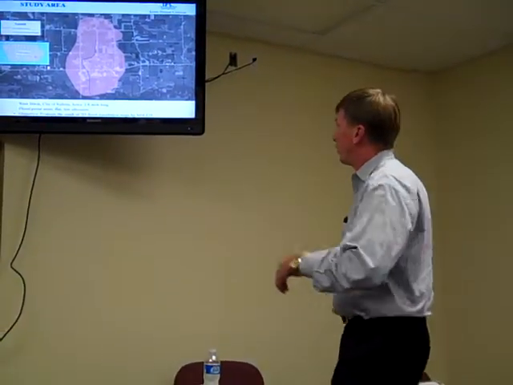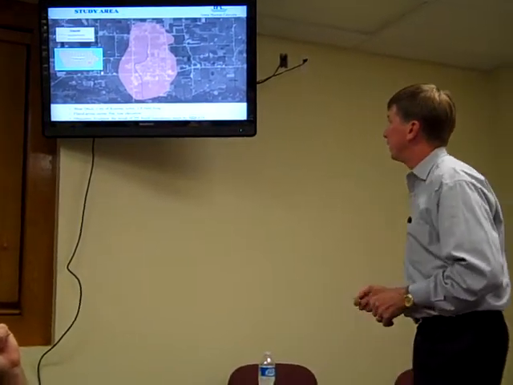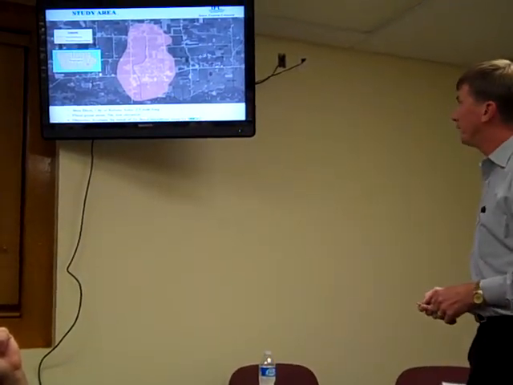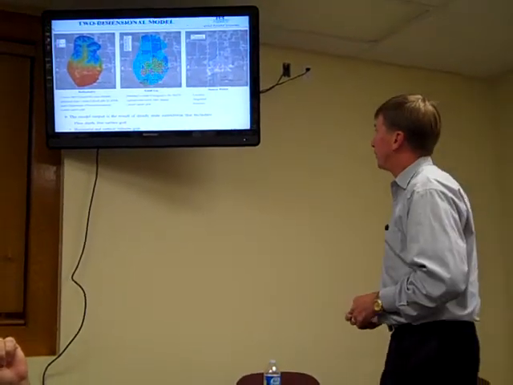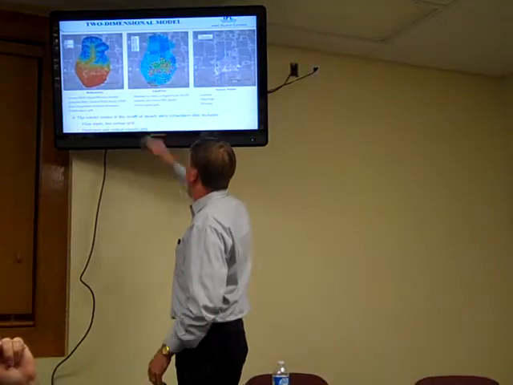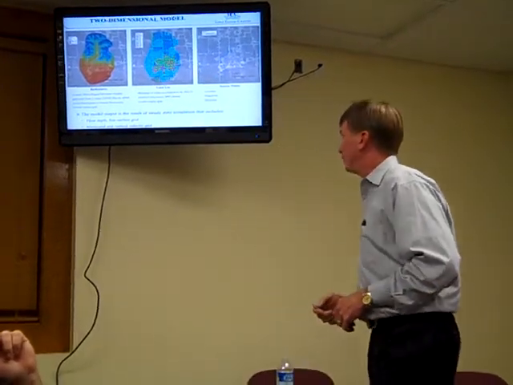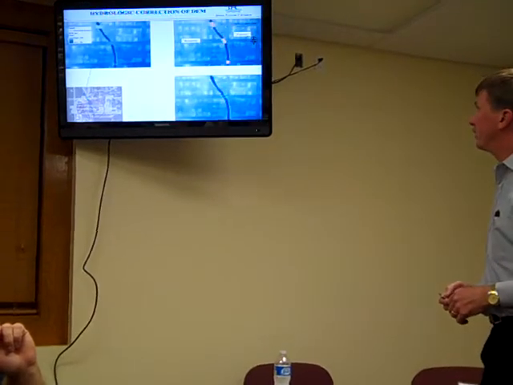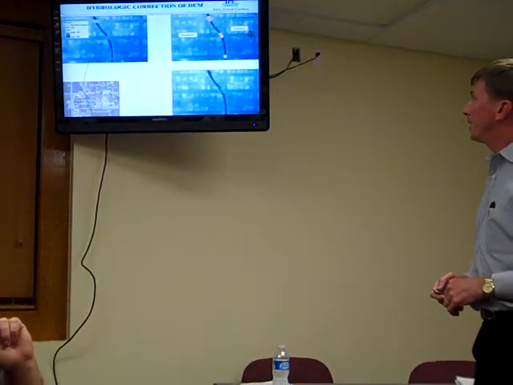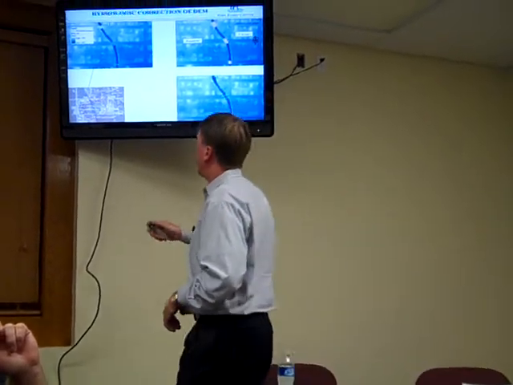So we start with the overall area. This is beyond the watershed. The stream center line is indicated by the blue line. We've got basic topographic information for the area, the land use, where all the buildings are located, and the type of land cover. We have the digital elevation information that came from the LiDAR data.